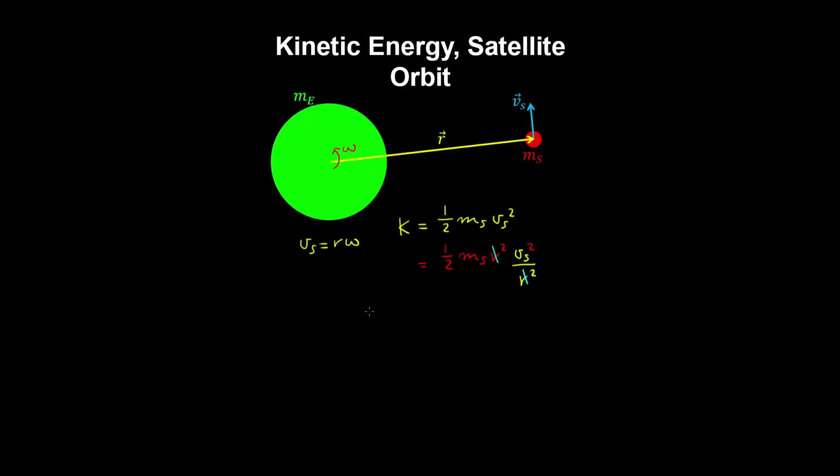Now using Newton's second law, the gravitational force provides a centripetal acceleration, and doing some cancellations, we can write the speed of the satellite as follows.